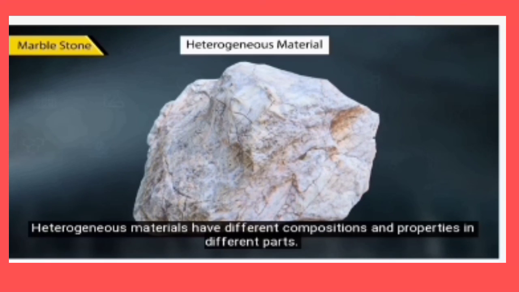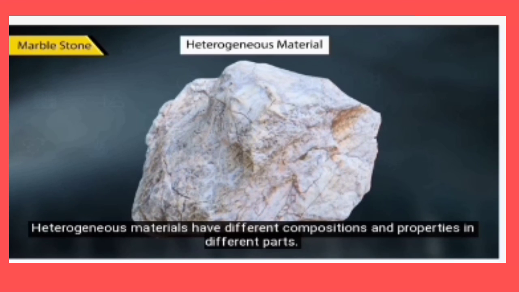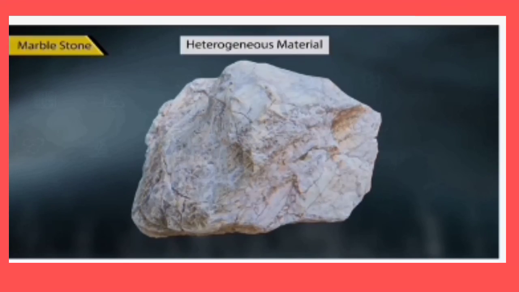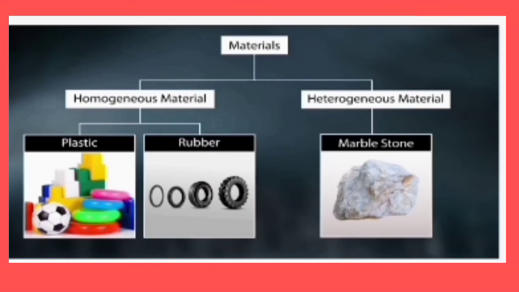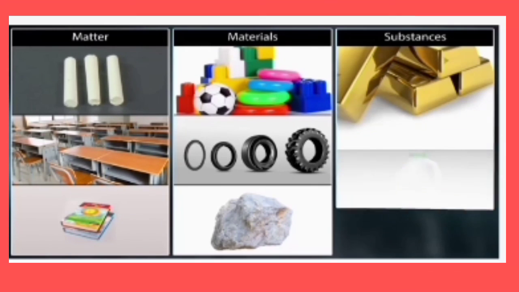Heterogeneous materials have different compositions and properties in different parts. Therefore, materials can be classified based on their composition and properties. Thus, you have studied about matter, materials, and substances.